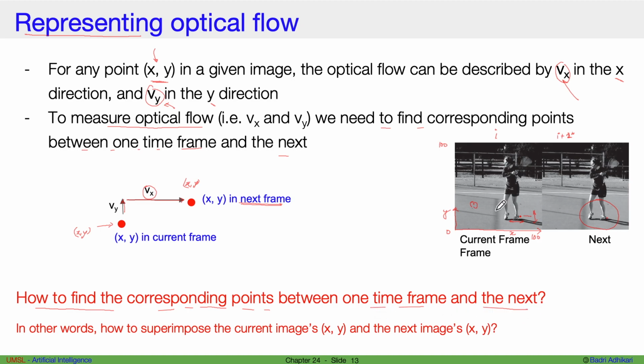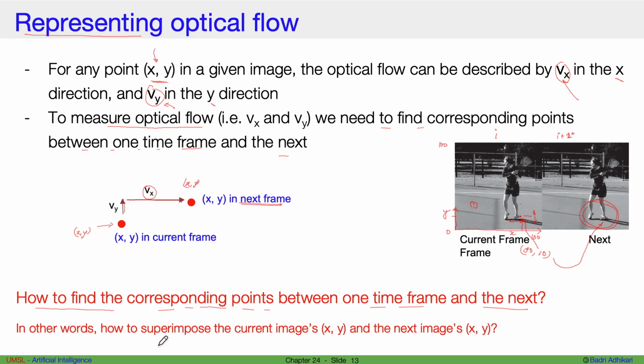So right now I see that at this position, maybe x equals 90 and y equals 10, I have this pixel. How do I know where this pixel has moved in the next frame? What computational technique or algorithm can I use to find out the location of the exact pixel in the next frame?